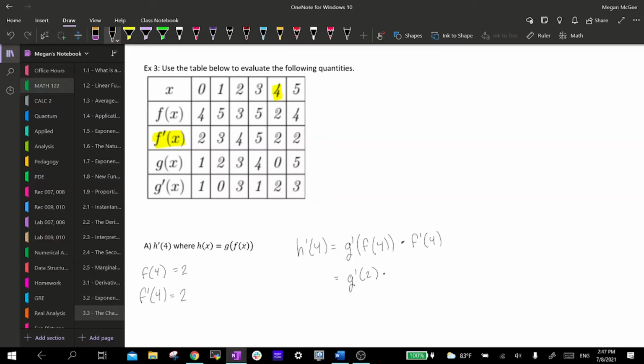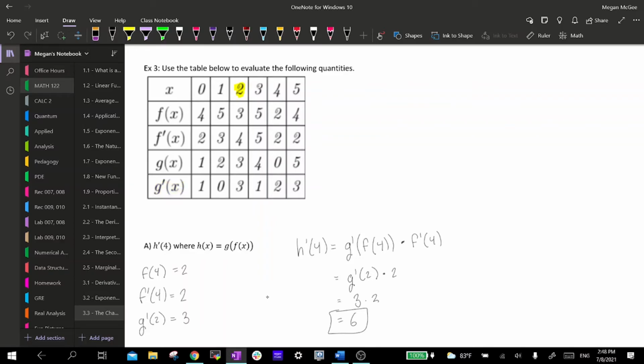So we have g prime of 2 times 2. So we need g prime of 2. Now we look at the g prime row and we find that g prime of 2 is equal to 3. So we end up with 3 times 2, which is 6. And that's it. Okay?